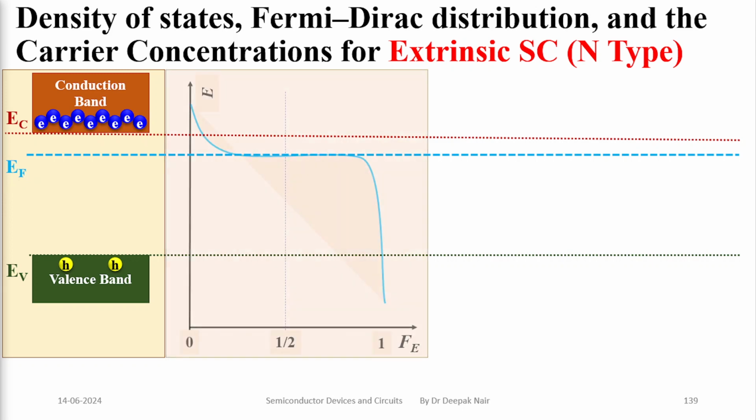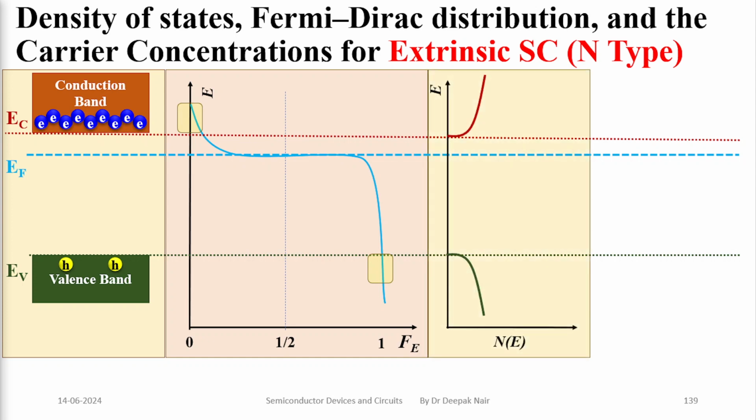If we correlate the energy band diagram with the Fermi energy level distribution curve, we can see the energy has been shifted, or EF has been shifted upward close to the EC.